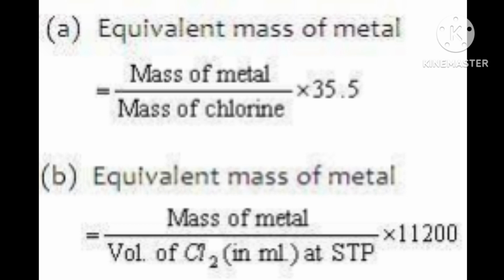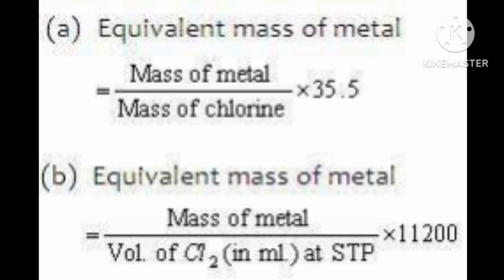In case of calcium hydroxide, barium hydroxide, whatever be the number of replaceable OH, you divide by 2 if 2 OH is there. And if it is 3, then the equivalent weight of the base is the molecular weight divided by 3 if 3 replaceable OH ions are there. Okay. This I told about the acid and base.